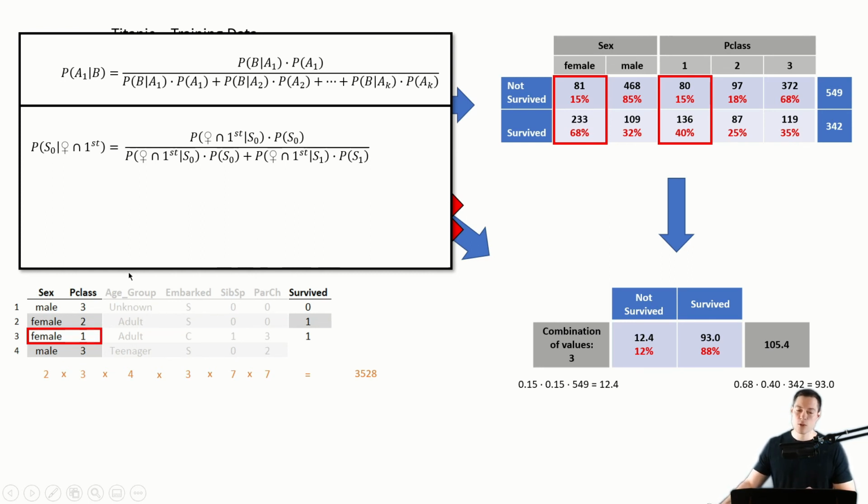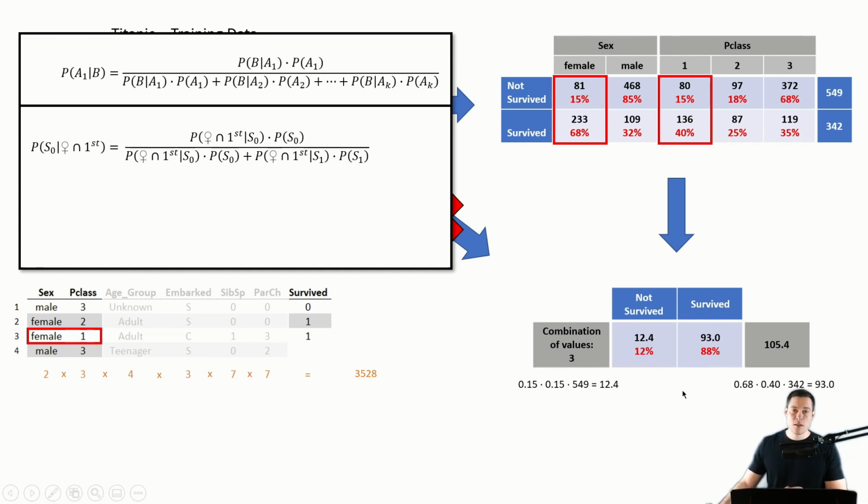But again, if we would consider all those features, then the number of possible combinations grows exponentially, and we probably wouldn't have any examples of that specific combination in our training data. So what it means is that this probability would be 0, as well as those other conditional probabilities. So therefore the whole term would be 0. So the probability that we get would be 0, and the same thing for the survived column here.